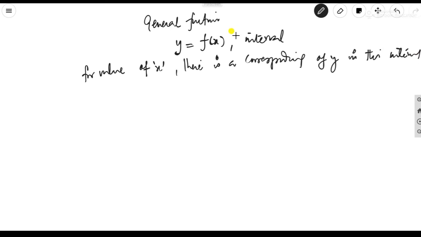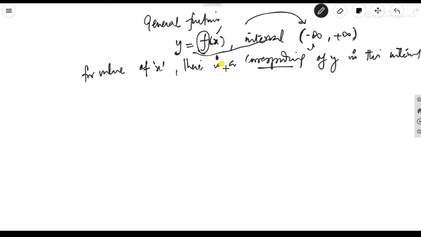That means the interval can be from minus infinity to plus infinity. It can be anything. So when you take x from this interval, y also has some different value corresponding to this x, depending on the value of the function.